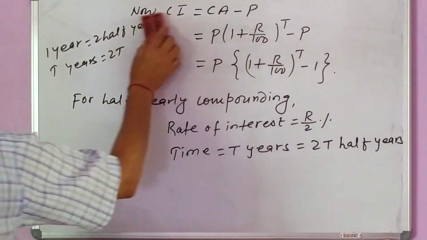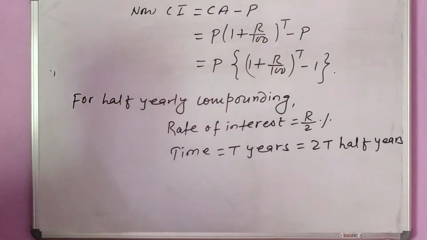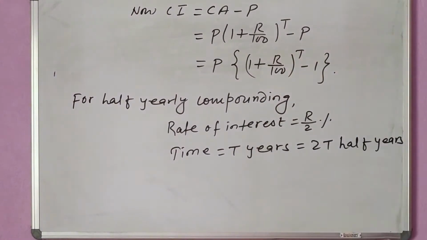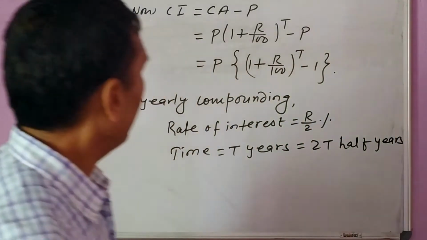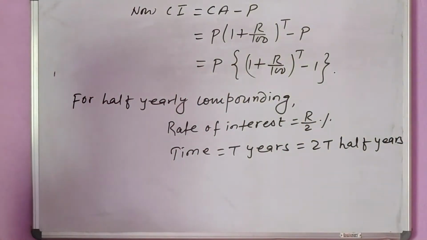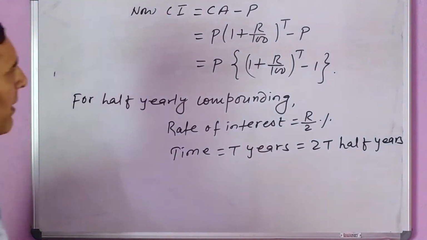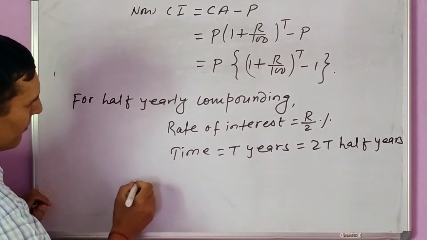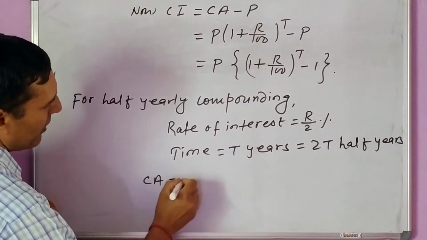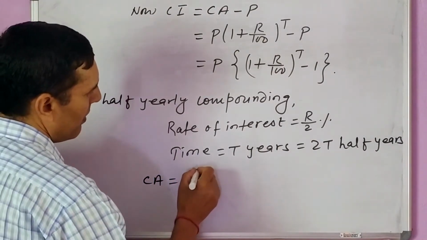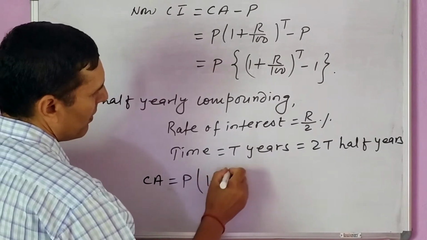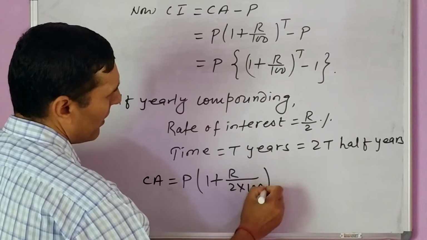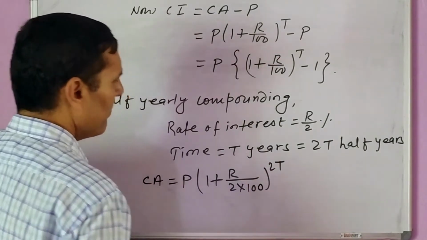So by replacing R by R/2 and T by 2T half years, we can find the compound amount and compound interest for half yearly compounding in the above formula. So CA is equal to P times 1 plus R upon 2 into 100 to the power 2T.